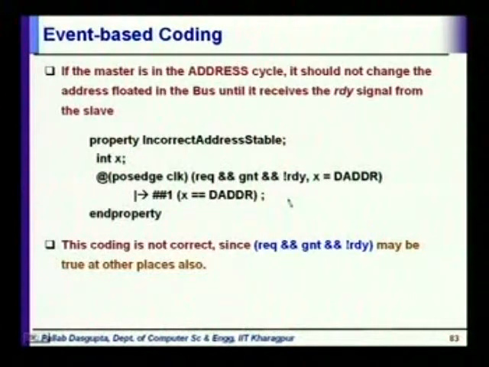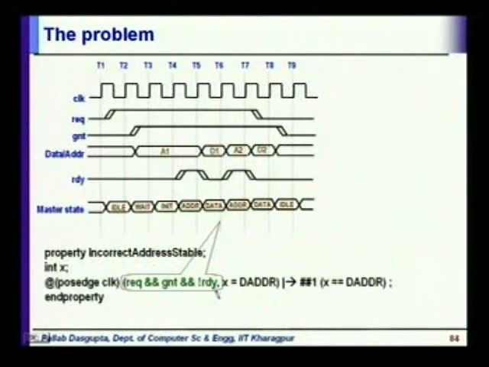This is a problem because this condition can be true in other places also. Now see, this is the same transaction. Look at this cycle. In this cycle, we have request, we have grant, but ready is lowered. But now see, what does the bus contain? It contains data, it does not contain the address. In this cycle, it is containing data.